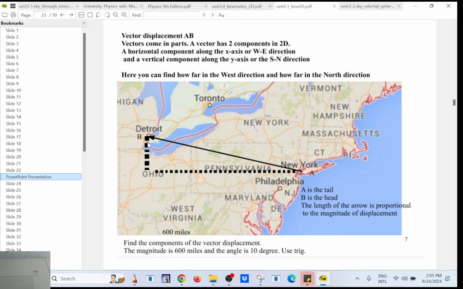So then when you have a vector, let's say you have a vector like this, the first thing you want to do is to attach the origin here to the tail. So the tail is always attached to the origin. And then that point here will be the head. That head here, that point has the x component and the y component. So that's one way you have to describe a vector by its x component and y component.